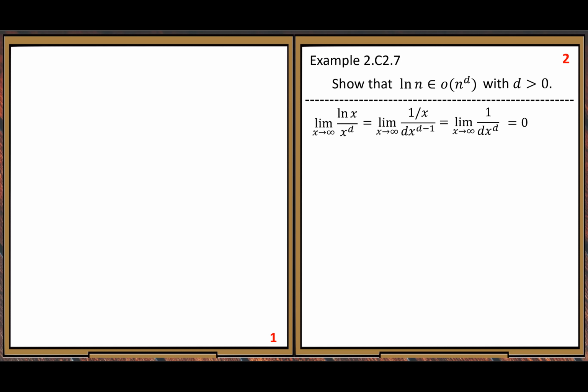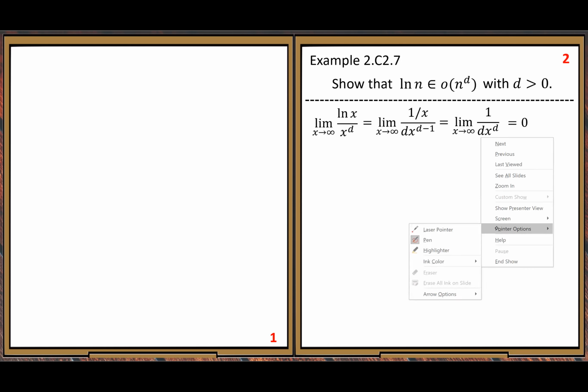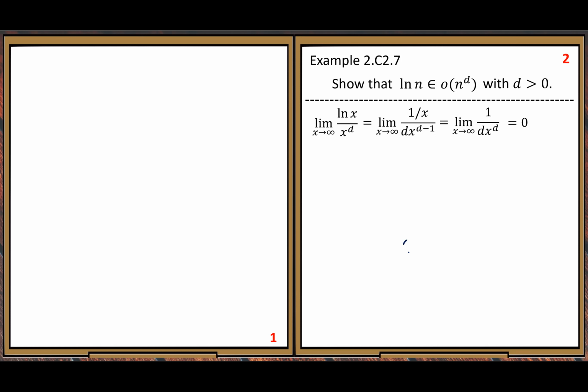Let me write something here. Let me change the color. Think about one special example, d equals 0.000001, many zeros.